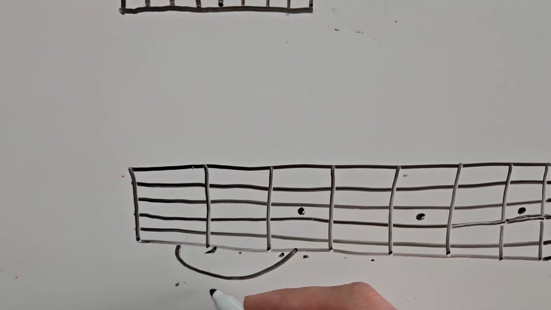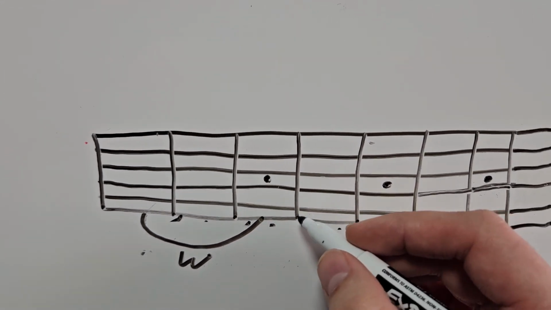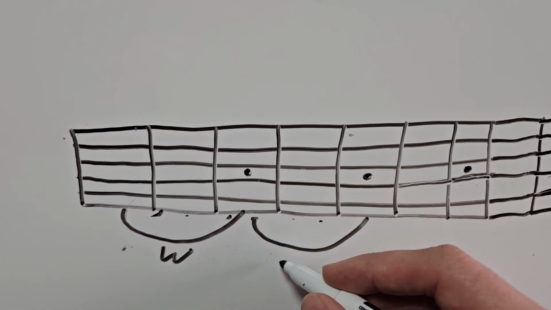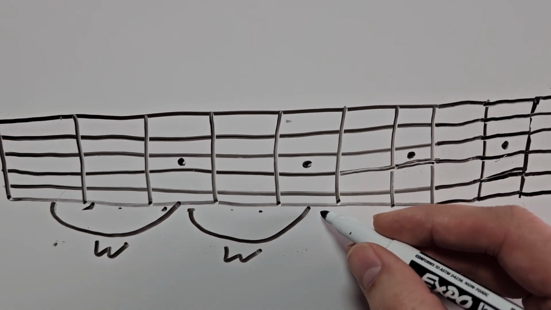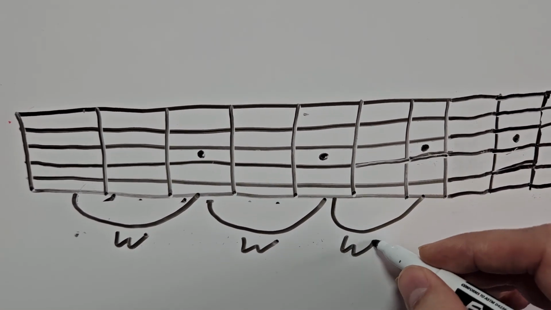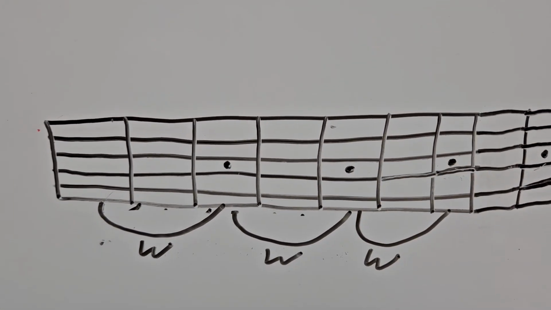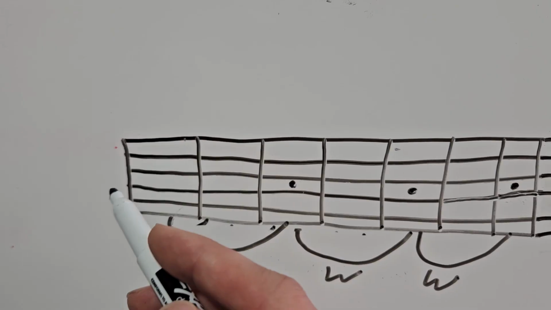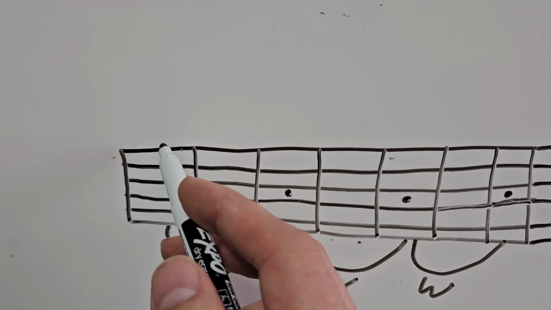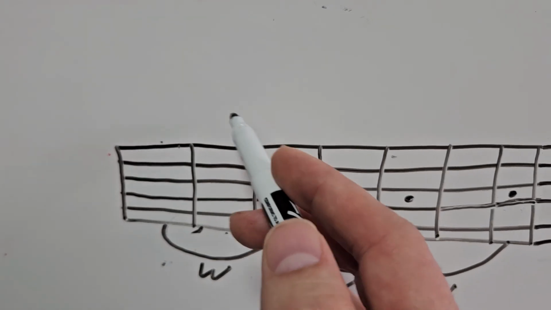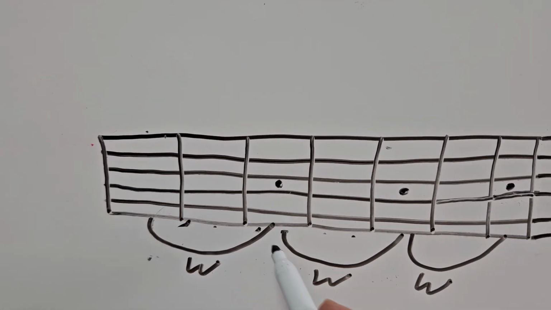So that would be considered a whole step. This would be considered a whole step. This would be considered a whole step. All right, so once again, half is from one fret directly to the next, and whole is every other fret.